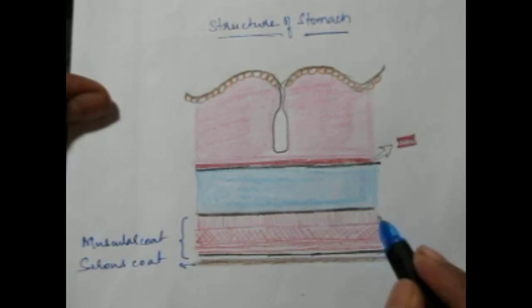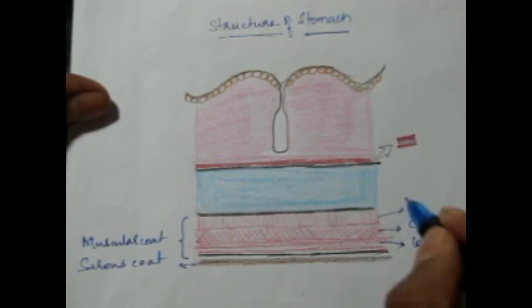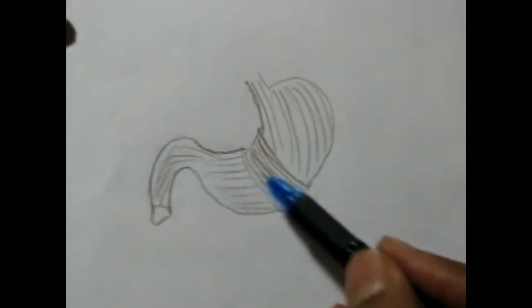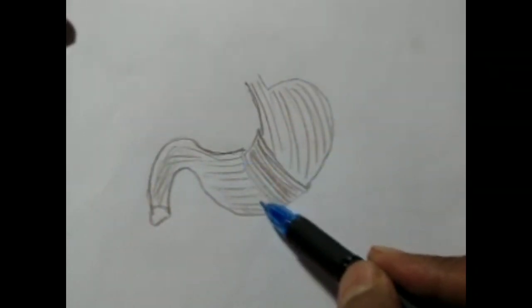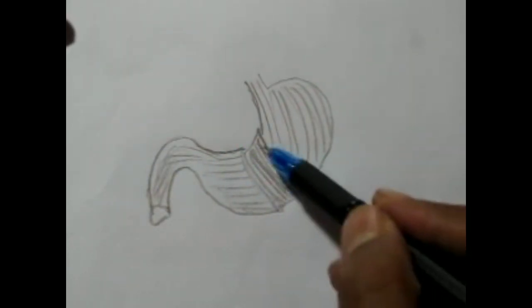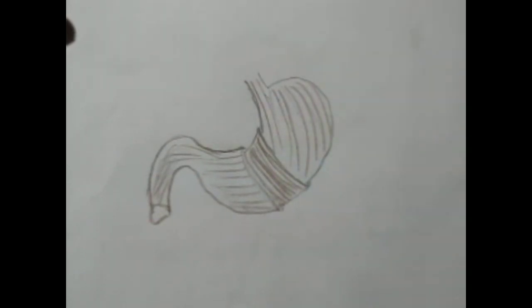It consists of 3 layers: longitudinal fibers externally, circular at the middle, and oblique internally. If you see the structure of the stomach, the outermost fibers are longitudinal, the second middle layer is circular, and the oblique fibers are internal.